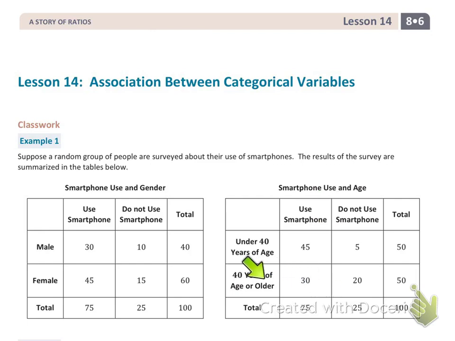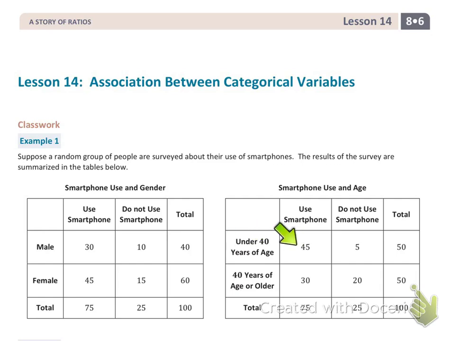Here's my question for that. If I know someone is 20 years old, would I expect that person to use a smartphone? Your answer would probably be, well, that person is in the under 40 years old category. 90% of those people are using smartphones.